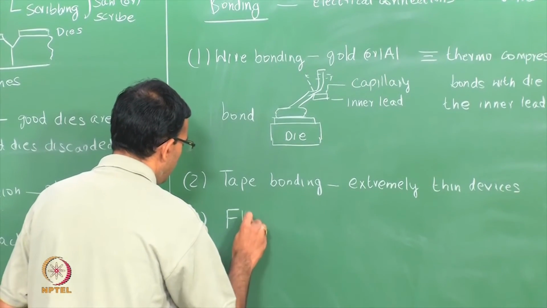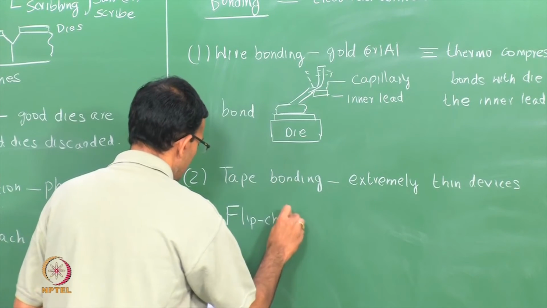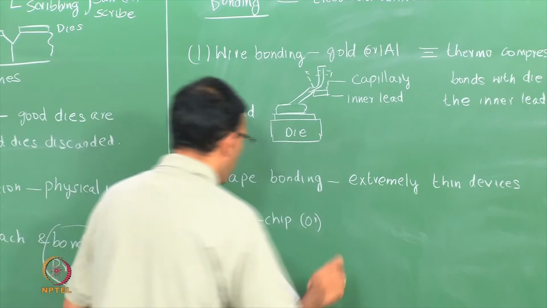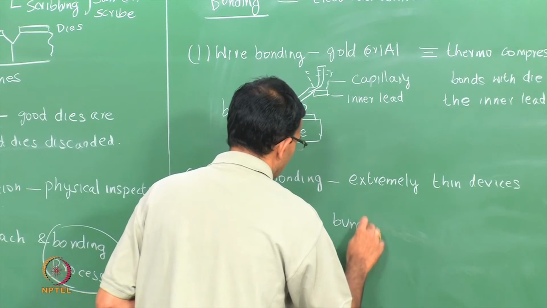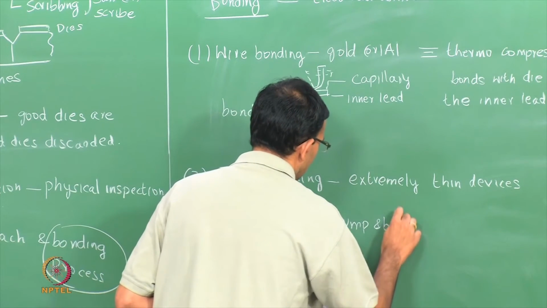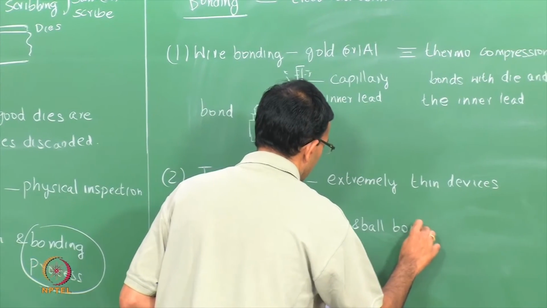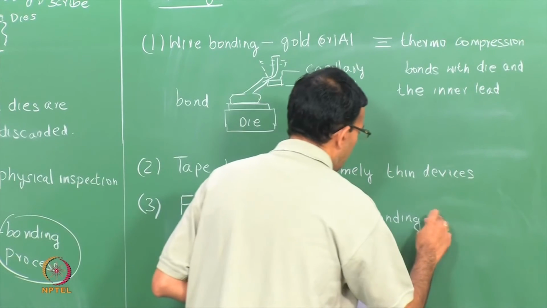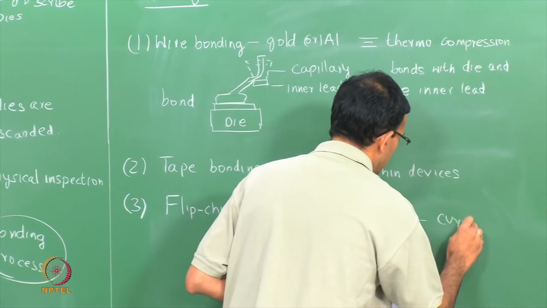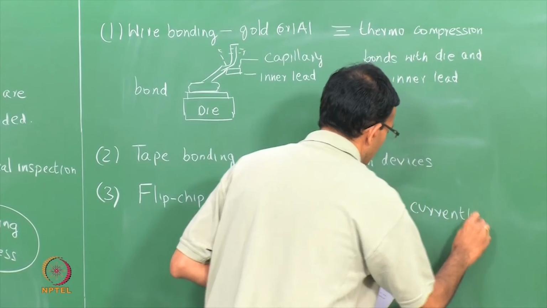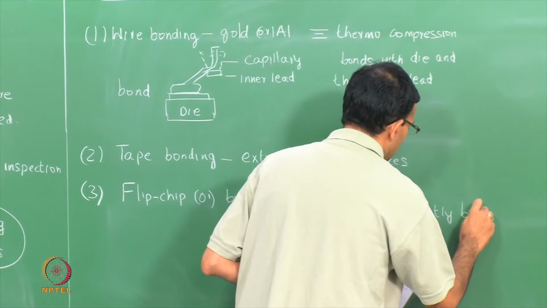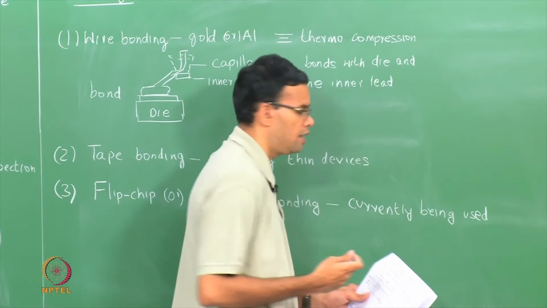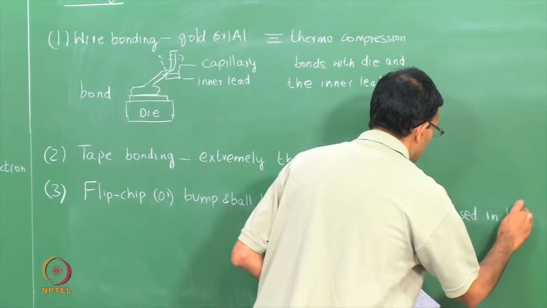This is called a flip chip or a bump and ball bonding. This is currently being used in the IC industry due to the large number of leads and they have to be closely spaced to one another.